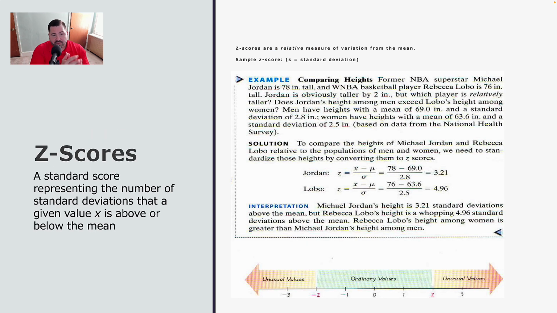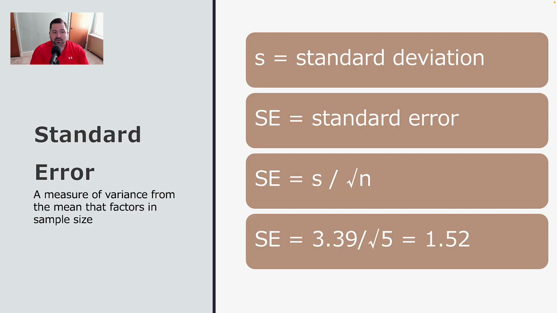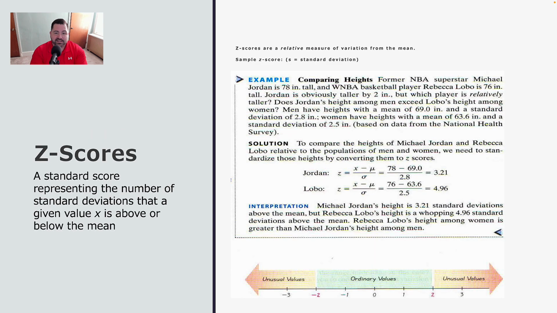Along the lines with standardization is this concept of what's called a z-score. A z-score is another way of a standardized score. Just how standard error took standard deviation and standardized it to the population, we could take what's known as a z-score, which calculates any particular X score in our sample and standardizes it in comparison to other scores in the population.